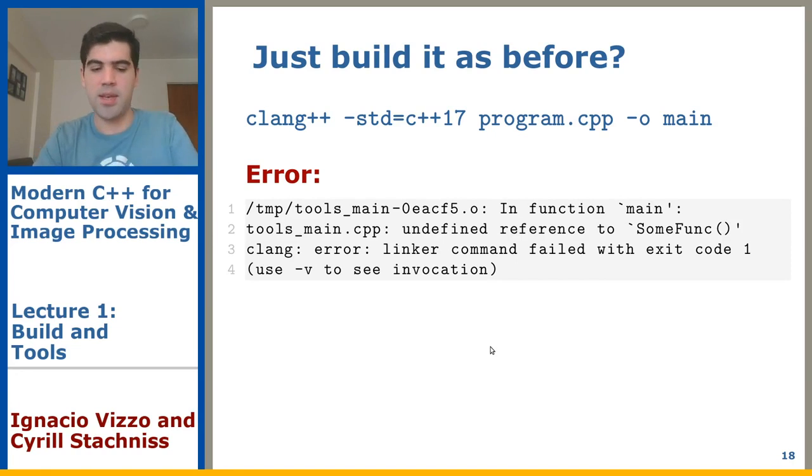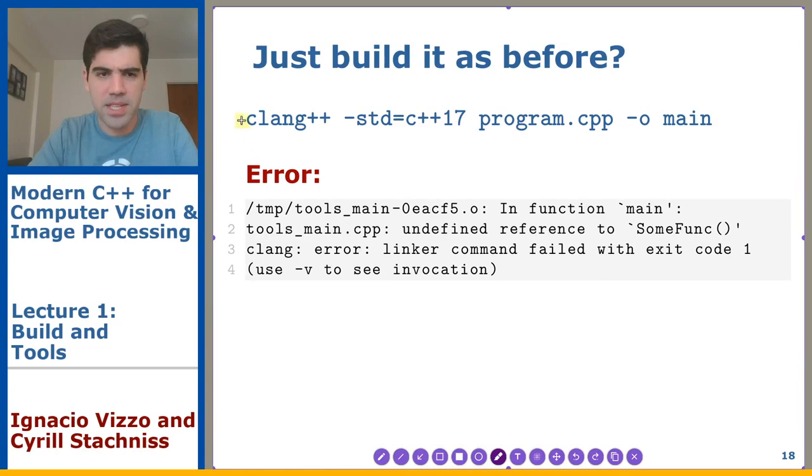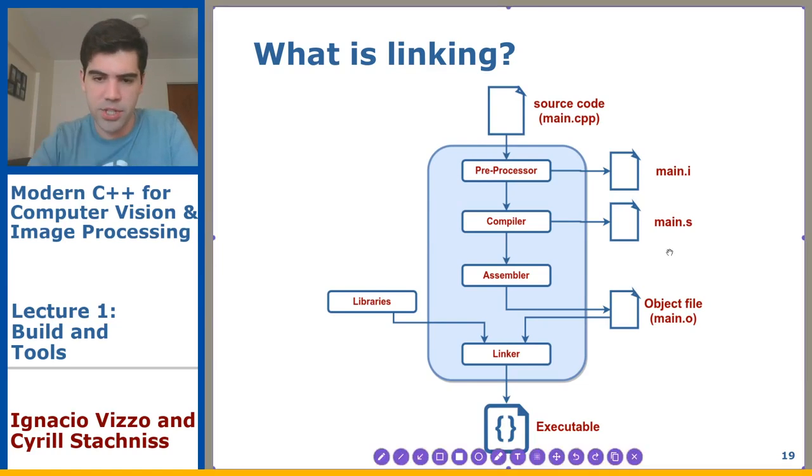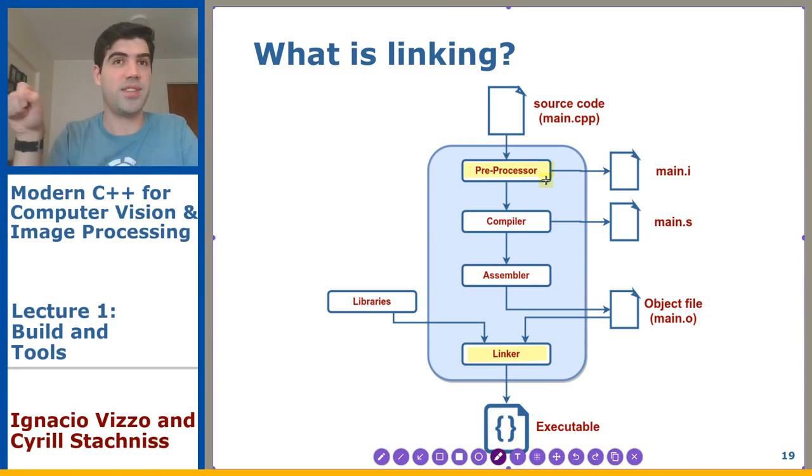If you see the compile line, you're just using program.cpp and you're not including any information about the other .cpp file. So that's the idea of the linker. If you see the original picture, the last step on the compilation pipeline is the linker, and with the promises of the functions you have made here, which is basically just the function prototype, the interface, it will go and search through all the object files.